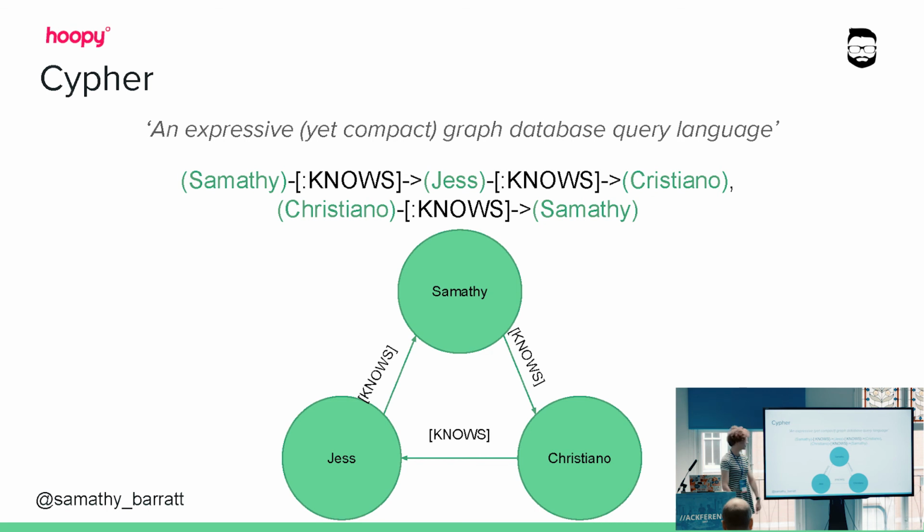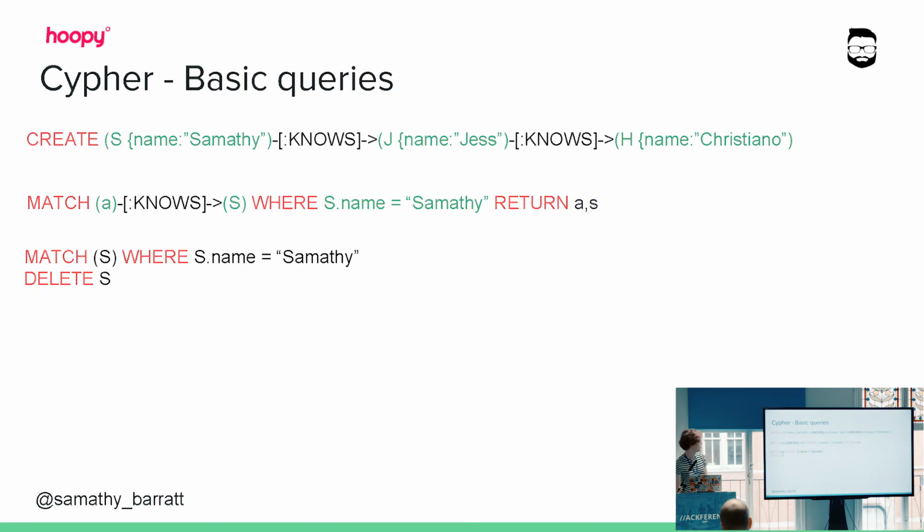The Jess node has a relationship to Cristiano, and then there's a comma because you're describing a new relationship below that, and that's the relationship that Cristiano has to me. So when you look at the query and the graph, you can quite easily tell roughly what the query is doing and how that might be represented as a visual graph.